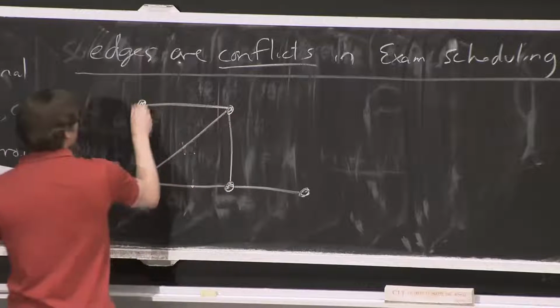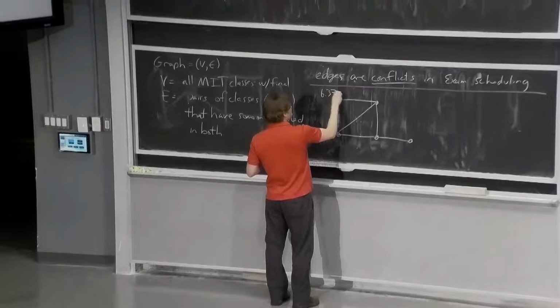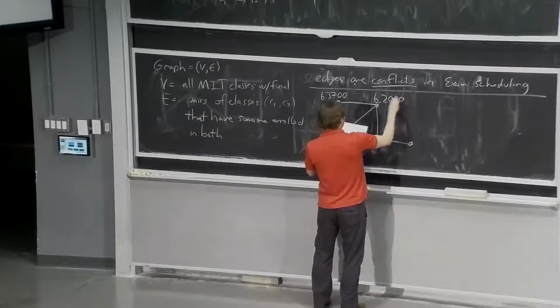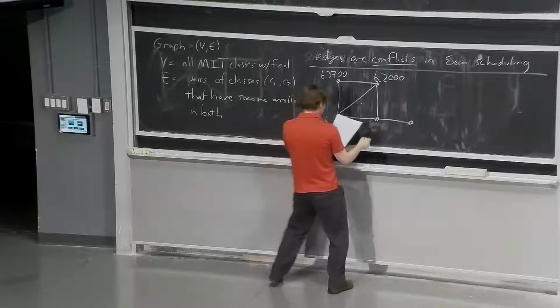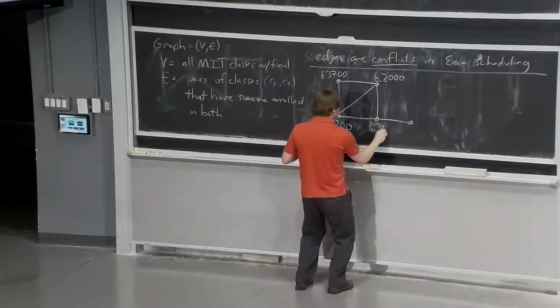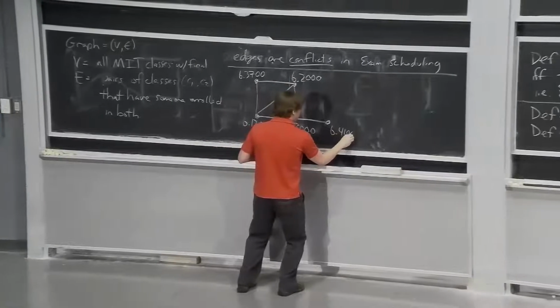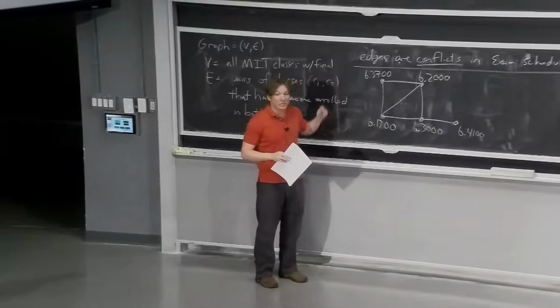So in this example, MIT only has 5 courses, 6.3700, 6.2000, 6.1200, 6.3000, and 6.4100. So this is some fake approximation of what this graph might look like.